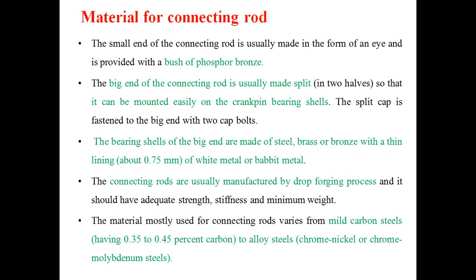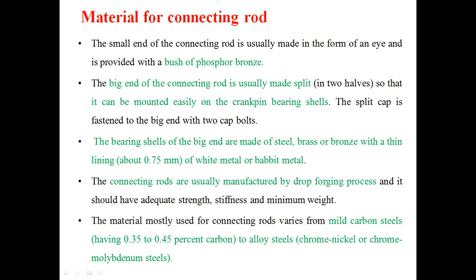Material for the connecting rod. The small end of the connecting rod is usually made in the form of an eye and is provided with a bush of phosphor bronze. The big end of the connecting rod is usually split in two halves so that it can be mounted easily on the crank pin bearing shell.